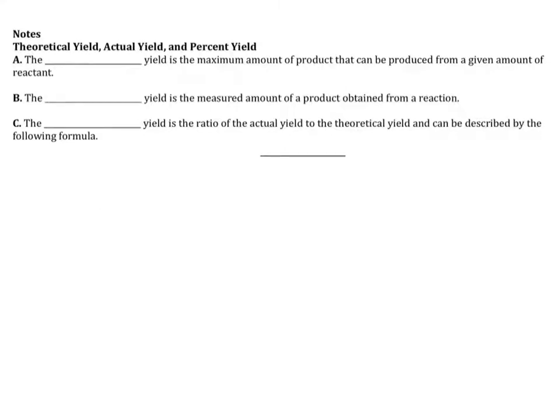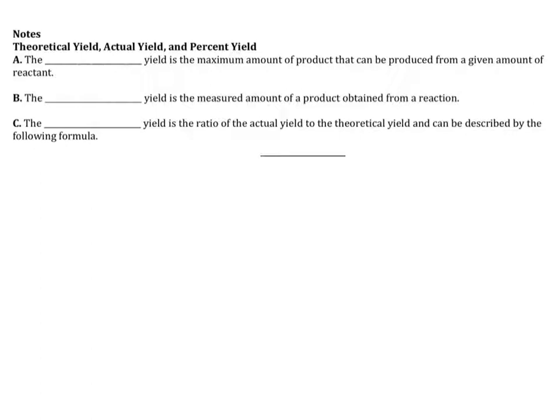All right, up until this point, we've talked about how to calculate grams of a product. And whenever we do a calculation of grams of a product, how much product can be produced, that's in a perfect world. So if the world were perfect and we were to react so much reactant, we'll produce a certain amount of product.